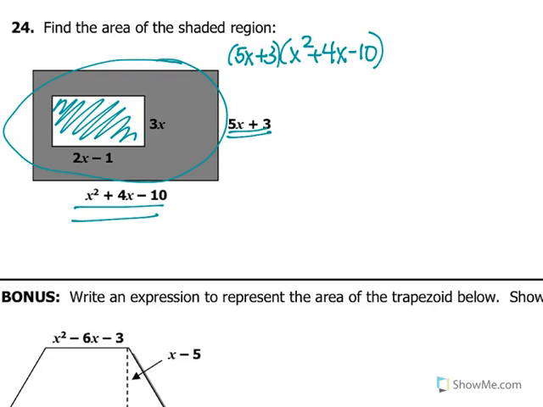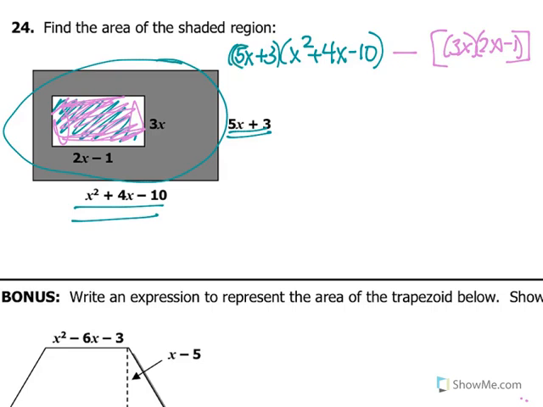Then we need to subtract the area of the little white portion in here. So subtract the area of the smaller one, which is 3x times 2x minus 1. Okay? All right, so let's work with the area of the entire thing first, and then we'll subtract the area of the second one.